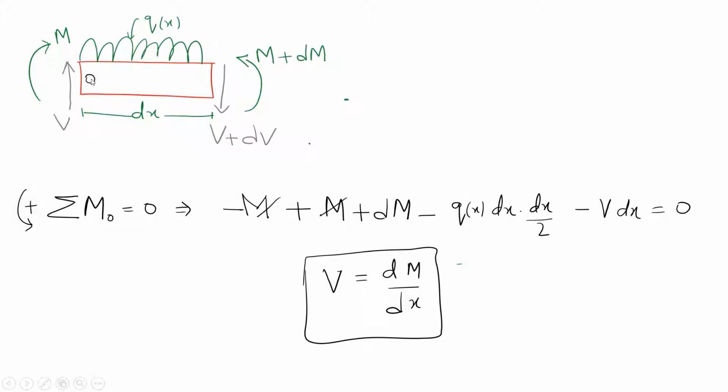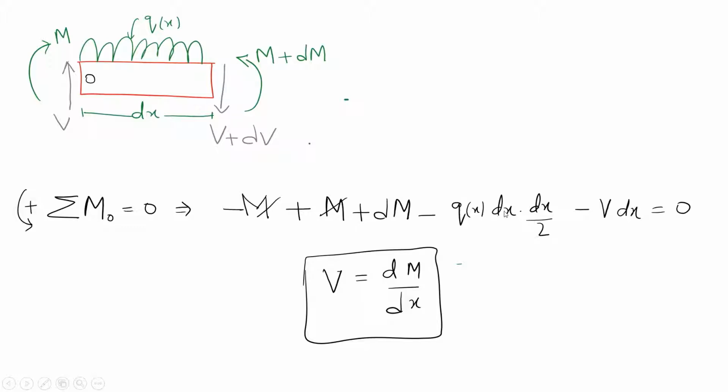Sorry, I think we have chosen the wrong direction for point O. It should be chosen here at this point, so we correct that. Therefore the distance for V is dx, so V into dx equals 0. M cancels, leaving dM minus q(x) dx into dx by 2, where dx is a very small quantity.